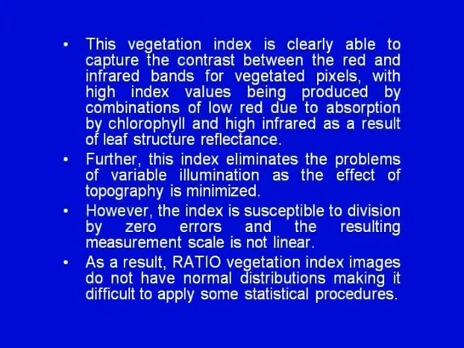Further, this index eliminates the problem of variable illumination as the effect of topography is minimized. However, this index is susceptible to division by zero errors and the resulting measurement scale is not linear. As a result, ratio vegetation index images do not have normal distributions, making it difficult to apply for some statistical procedures.